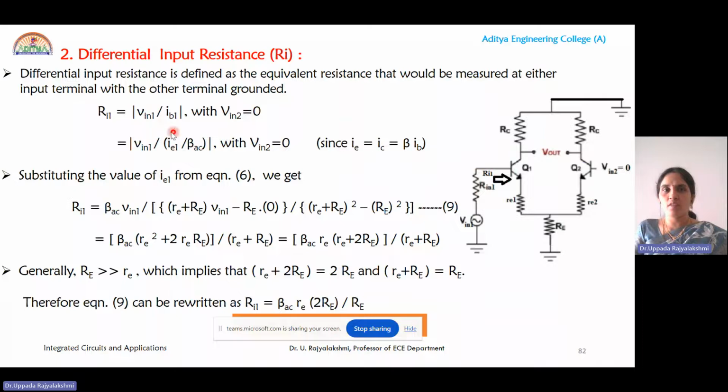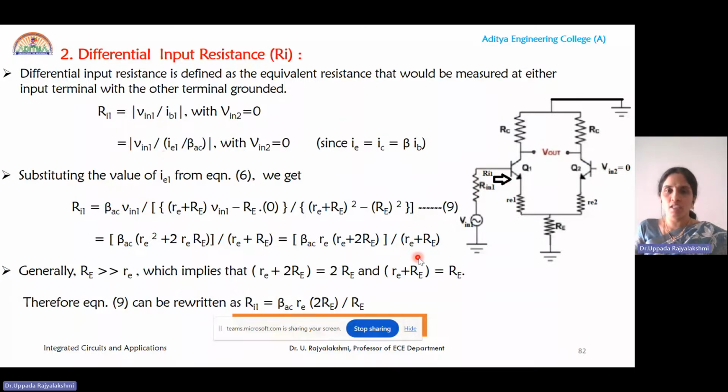And we know the expression for IE1 by using Cramer's rule. We calculated the expression for IE1, so just substitute the value of IE1. Upon substituting, we obtained beta AC small re into small re plus 2 capital RE divided by small re plus capital RE. Here remember that capital RE is very high when compared to small re.